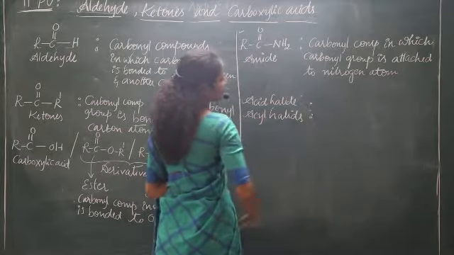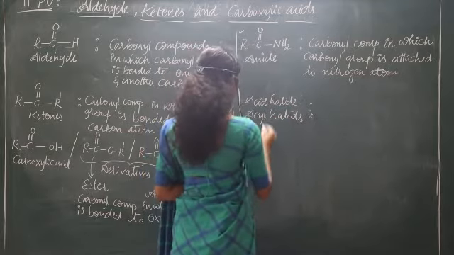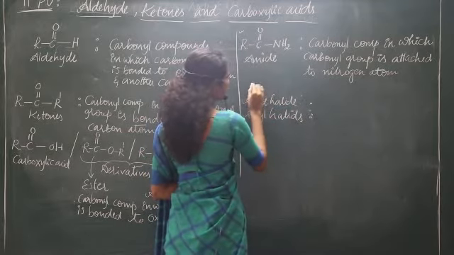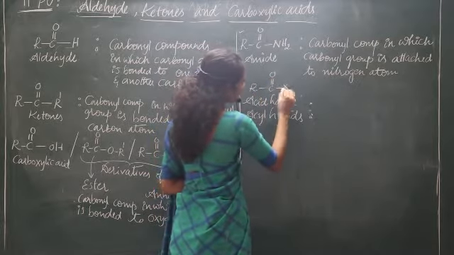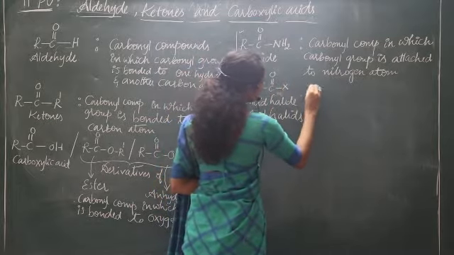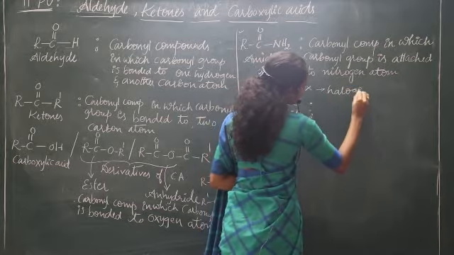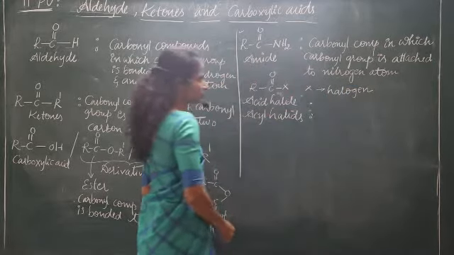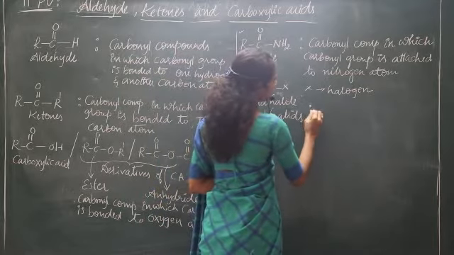Same, acyl halides. I will write here acyl halide, or C double bond O X, where X is halogen.